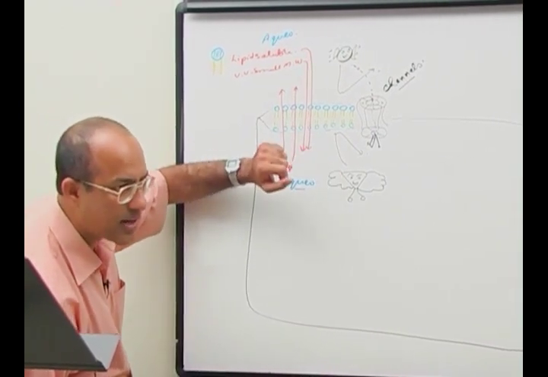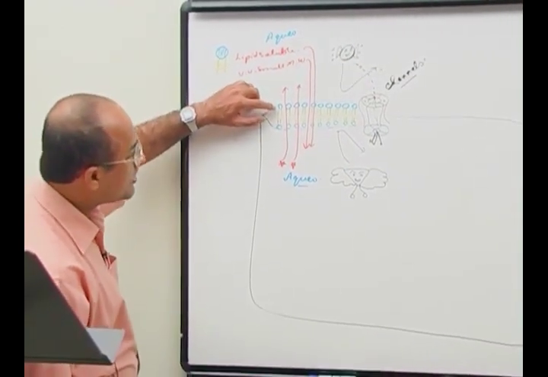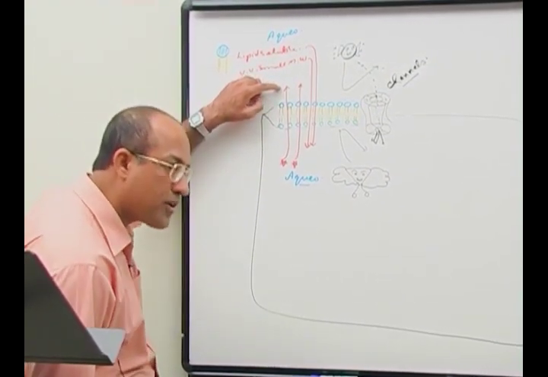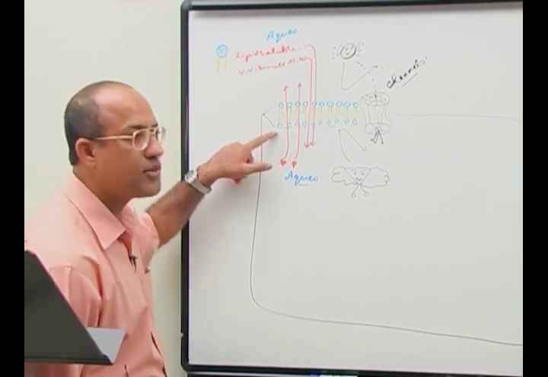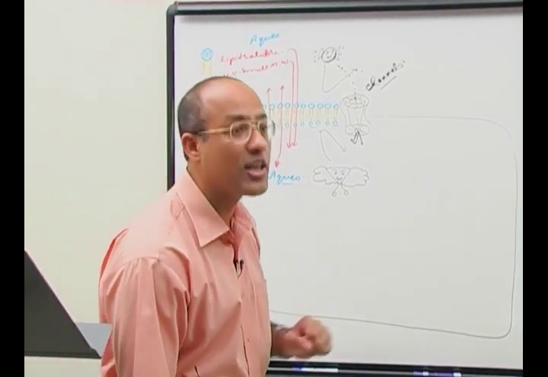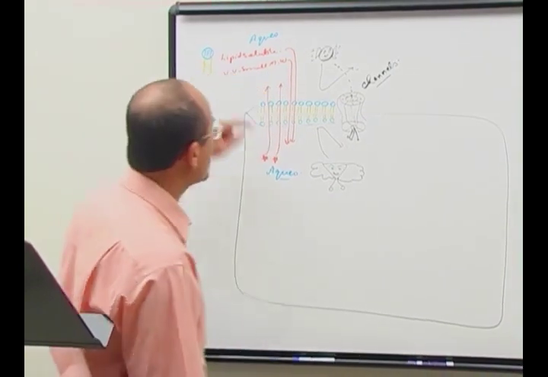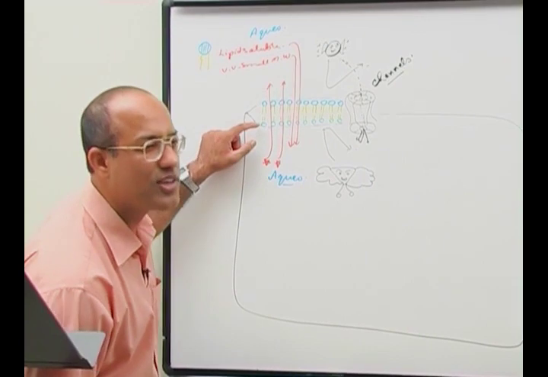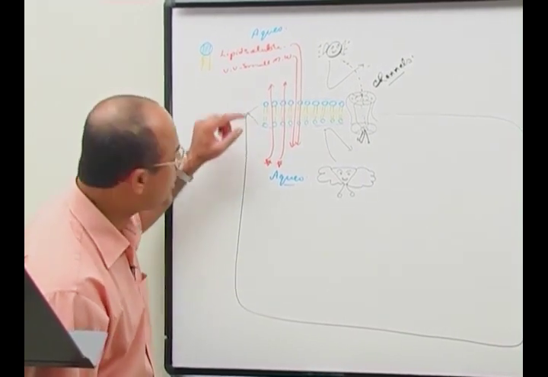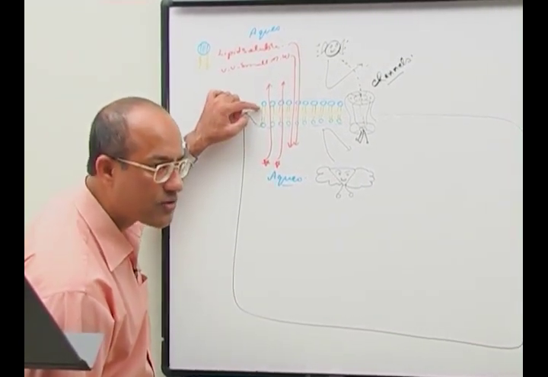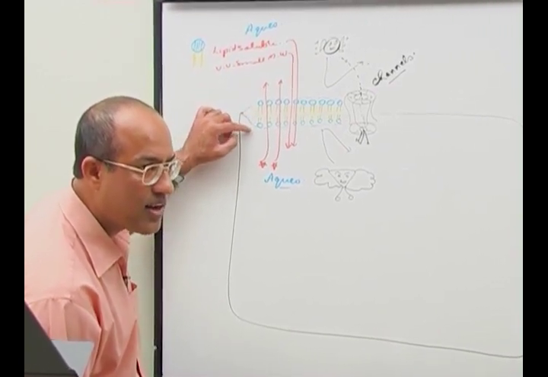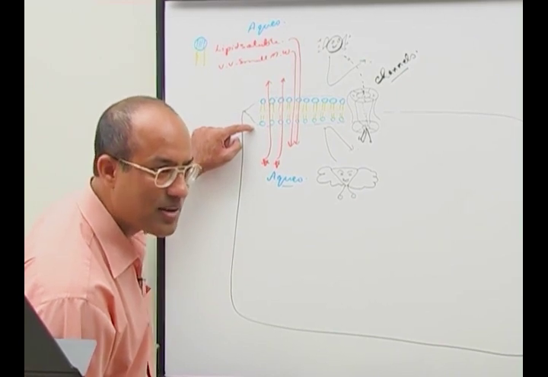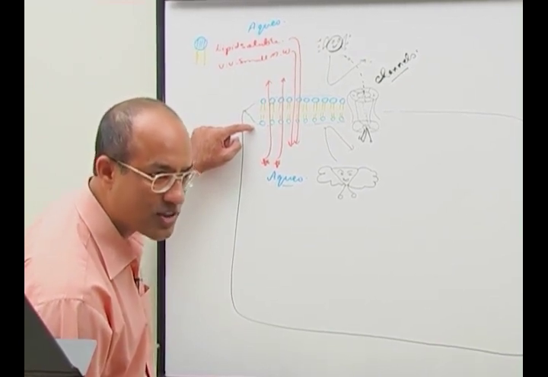Now, the phospholipids present in the outer leaflet are slightly different from the phospholipids present in the inner leaflet. It means outer leaflet phospholipid structure and inner leaflet phospholipid structure is not symmetrical. They are having asymmetry. What do we call this term?